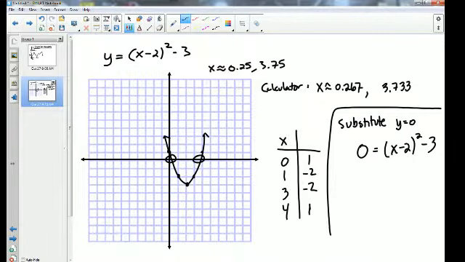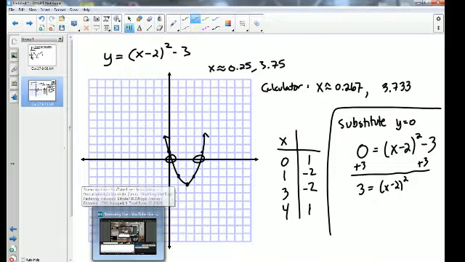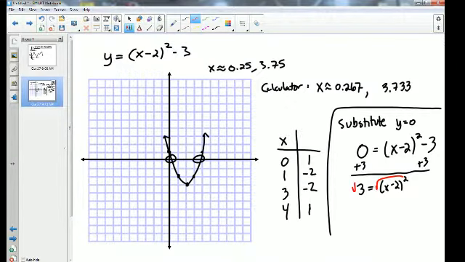Okay, so we're going to add 3 to both sides. What do you need to get rid of next here? Yeah, square root it, right? Don't forget to do positive or negative. That's where we're going to get our two answers, right? And then you can add 2, right? Okay, that is an exact answer.